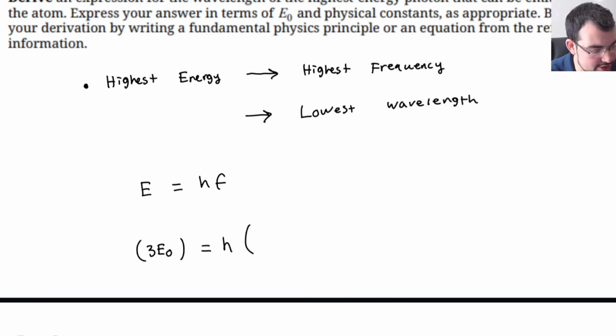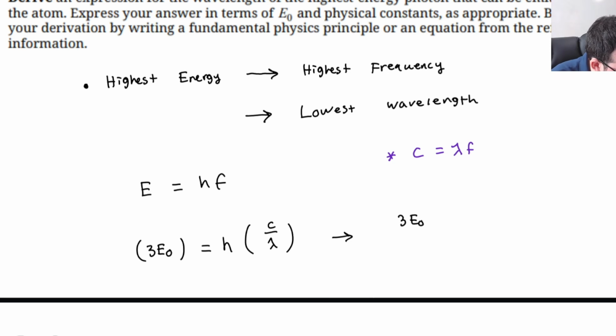Since we know that for electromagnetic radiation the speed is equal to lambda f, and the speed is the speed of light, we can replace frequency with c divided by lambda. So this would mean 3E0 times lambda is equal to hc, or lambda is equal to hc over 3E0.